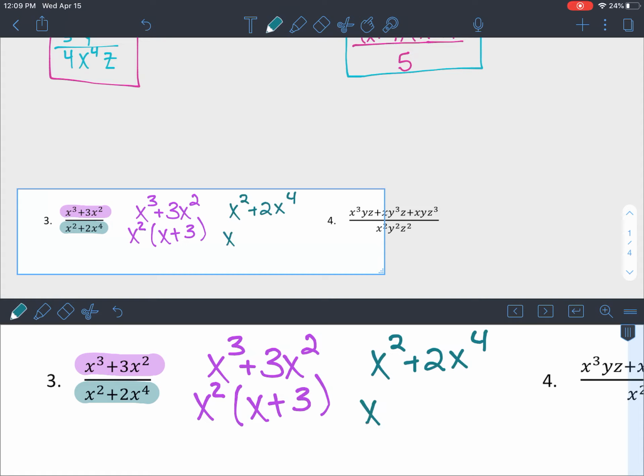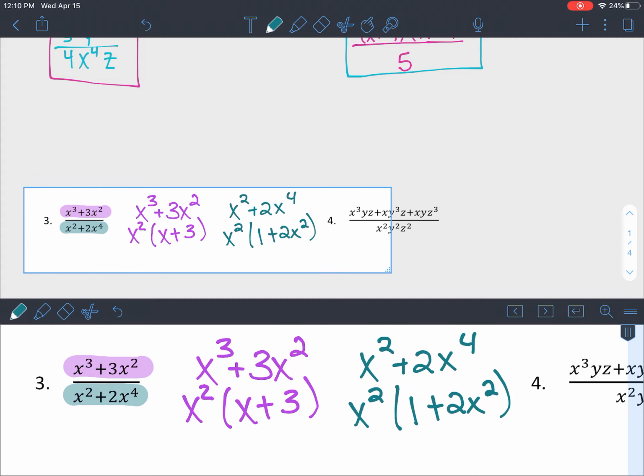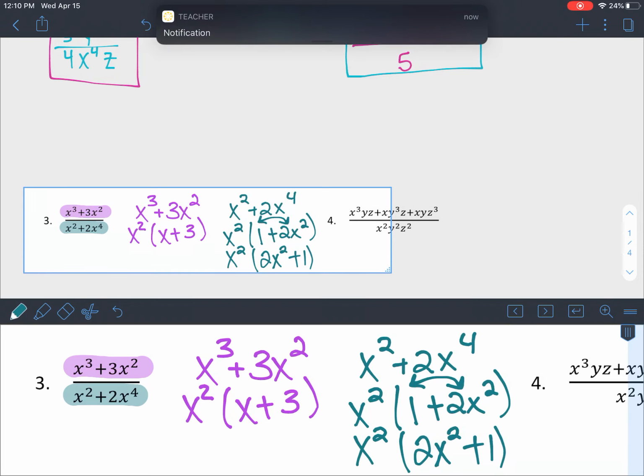So I can take out a maximum of 2 x's. And when I do that, I'm left with 1 plus 2x squared. So if you don't really like the way that that looks, addition, you can kind of swap the places. So I could also say I have x squared times 2x squared plus 1. Those two are the exact same thing. Either way you want to write it, you will be correct.